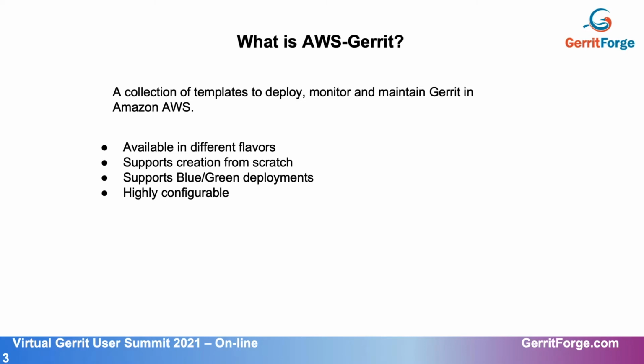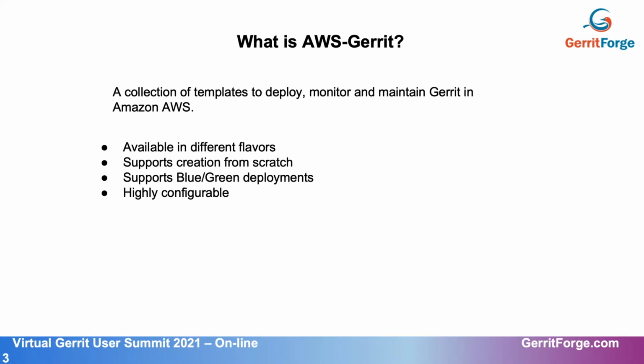So AWS-Gerrit comes with different flavors. We call the different architectural solutions recipes, and I'm going to show you more of this later. It also supports creation from scratch. So in order to deploy Gerrit to AWS, you don't need anything in particular.